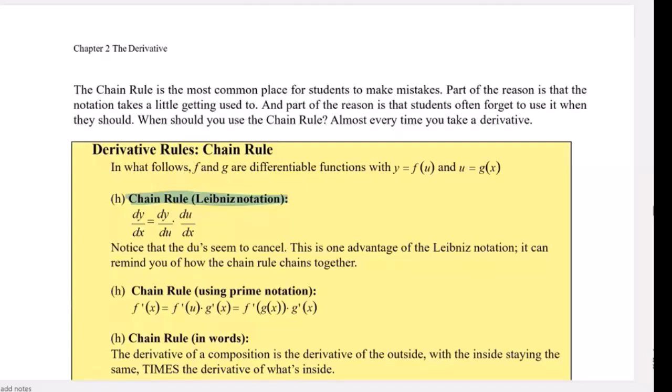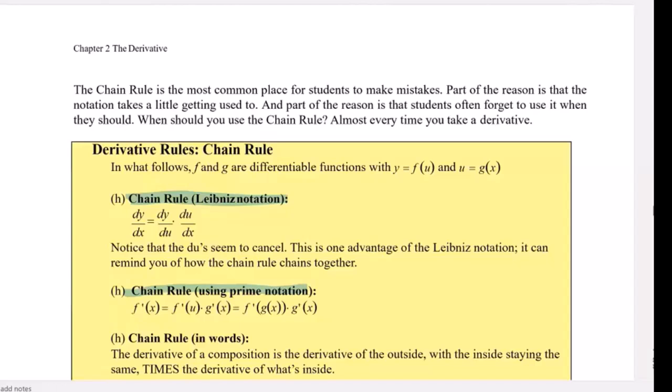We can, with the first notation, which is again my favorite for complicated functions, but my favorite for easy functions is B, using prime notation. So what this says is that if I want to take the derivative of x, I might have some u value in there.